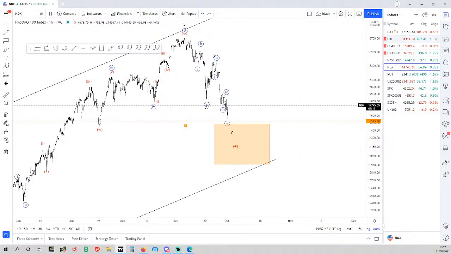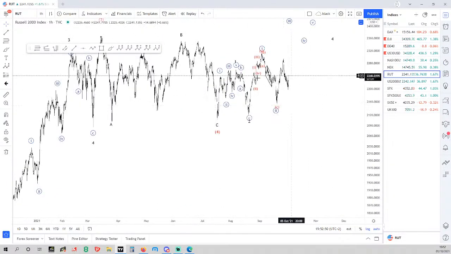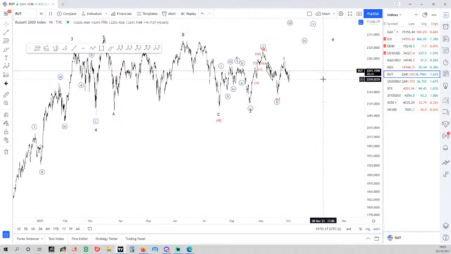So Nasdaq is doing that. The Russell, of course, on fire. But to be honest, the Russell has been awesome, good. The Russell has been moving sideways for quite some time. Oh, is it worse now? If it's worse, I haven't moved it, so possibly it's just the streaming, and unfortunately I can't do anything about that.